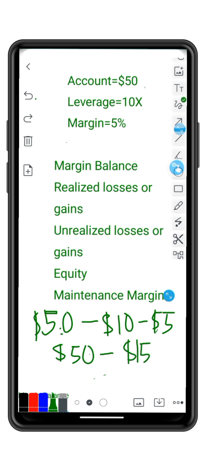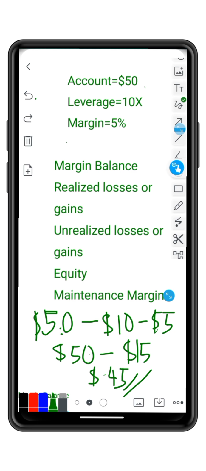So that is going to give us a balance of 45 USD. All right. So 45 USD would be your equity, right? So your equity is the current value of your account after you have taken away realized losses and unrealized losses if you are making losses.